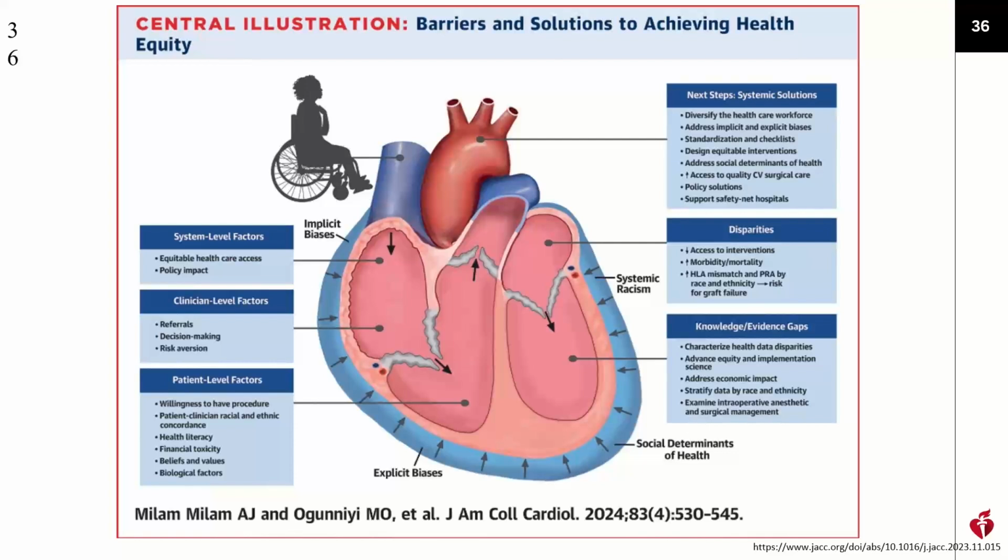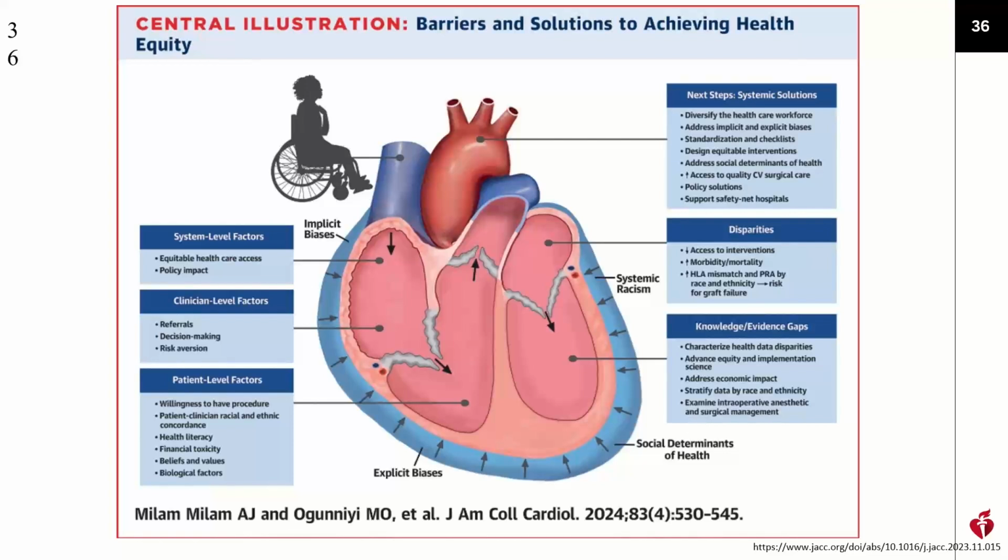They talked about systemic level factors, equitable healthcare access, policy impacts, referrals, decision-making, risk aversion, and patient level factors that allowed for a willingness to have a particular intervention, health literacy.